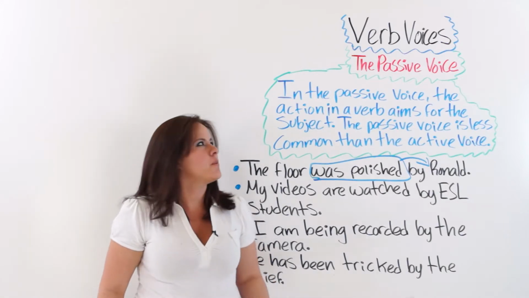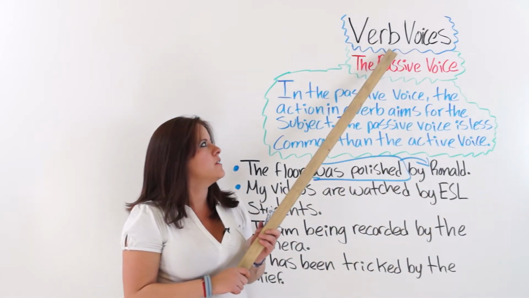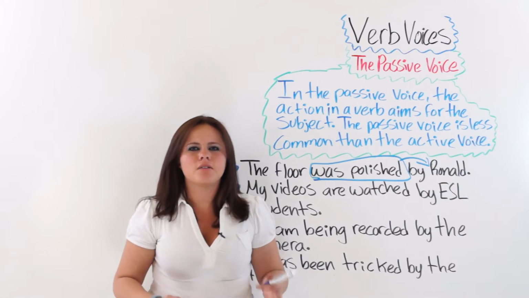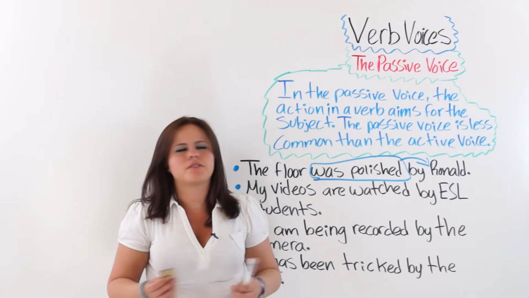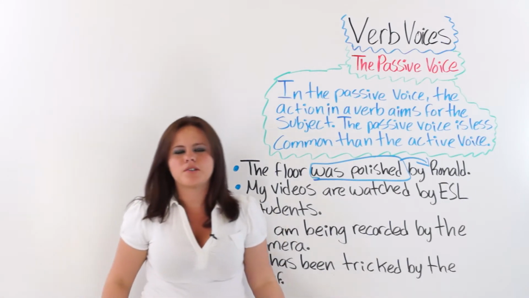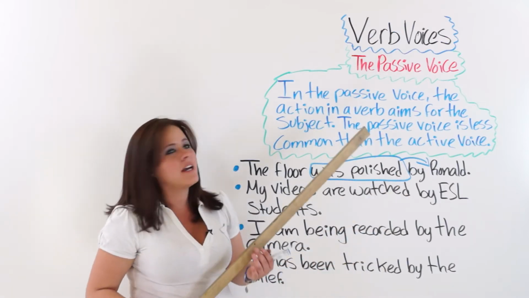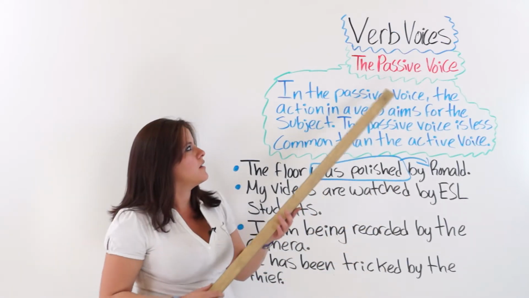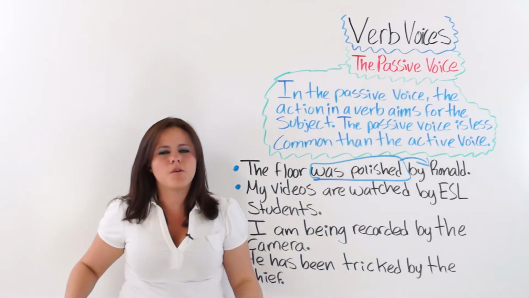In today's lesson I will be talking to you about verb voices. I already made a previous video on verb voices focusing on the active voice, but now we are going to focus on the passive voice.